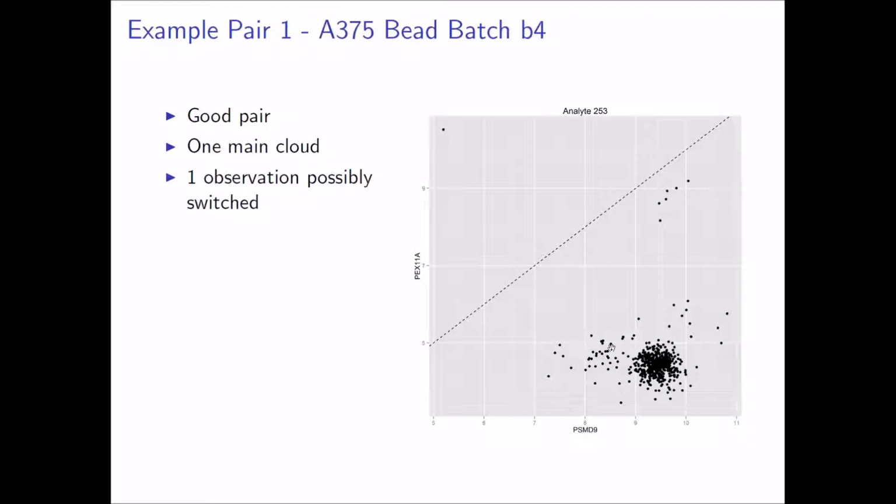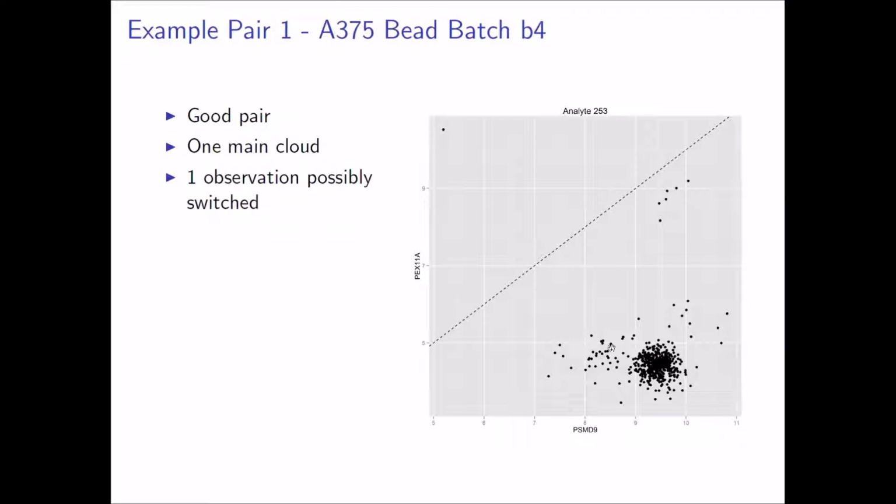So what you'd hope to see is something like this. This is gene PSMD9 on the x-axis and PEX11A on the y-axis. You can see there's a nice cloud here. There's a few points here which I'm not sure about, and then there's this observation here.